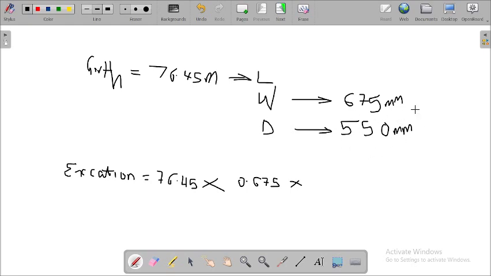That makes this 0.55 in meters. Now our depth also will be 0.55.